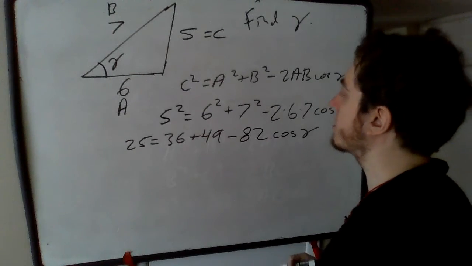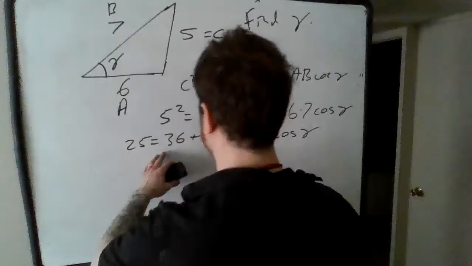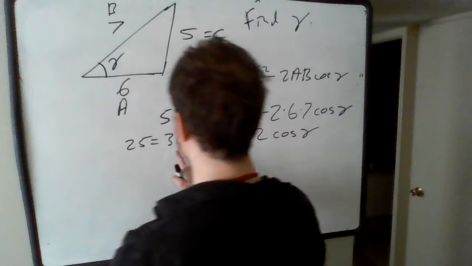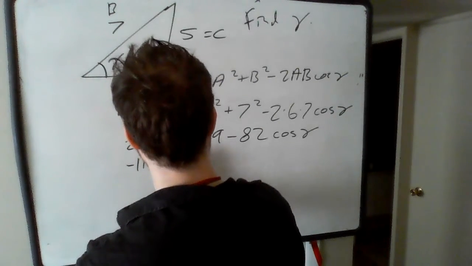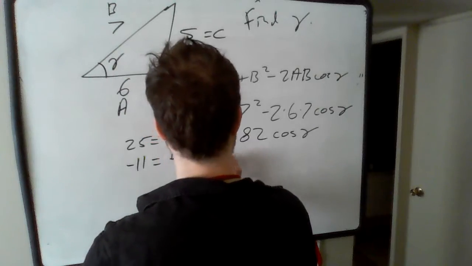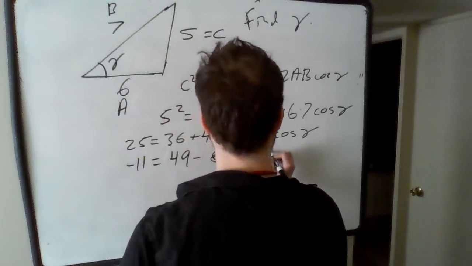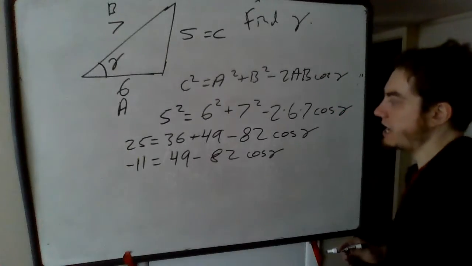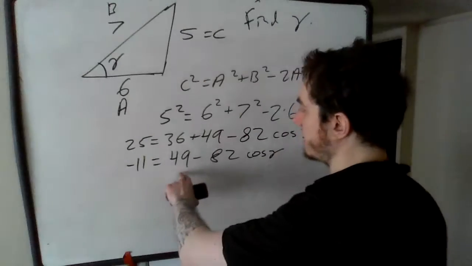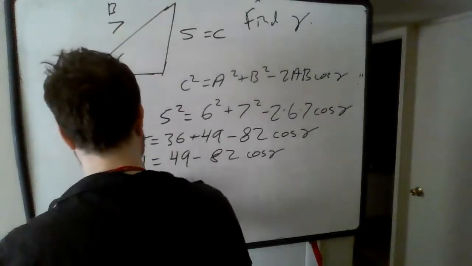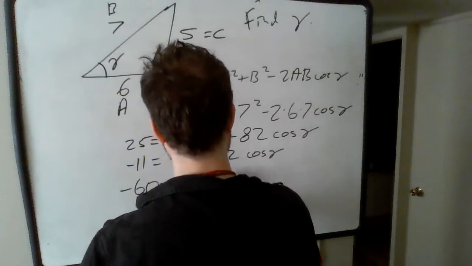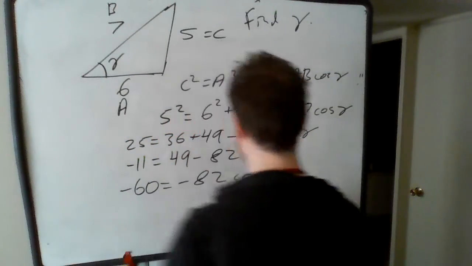And then we are going to get, let's see, so 25 minus 36, that would be negative 11 is equal to 49 minus 84 cosine gamma. And then negative 11 minus 49, that would be negative 60 equals negative 84 cosine gamma.